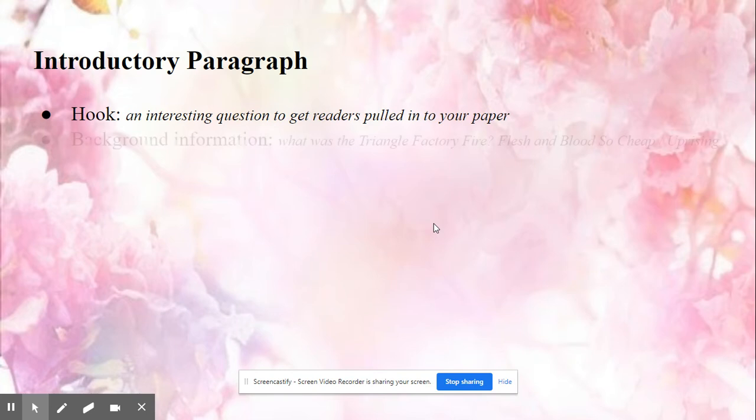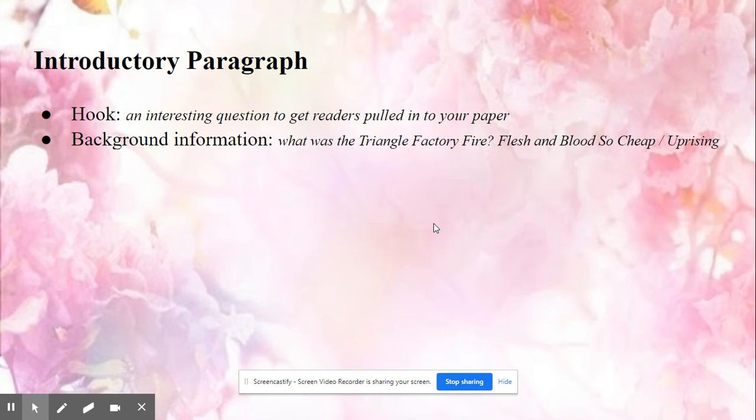After you've determined what your hook is, you're going to need to supply your readers with some background information. And for the purposes of this TDA, you're actually going to have several sentences worth of background information. You're probably going to need a sentence or two to explain what the Triangle Factory fire was and when it happened, maybe even where it happened. And you're going to need another sentence to explain or introduce the text, Flesh and Blood So Cheap. You're going to want to tell me who it's by, and what it was about.